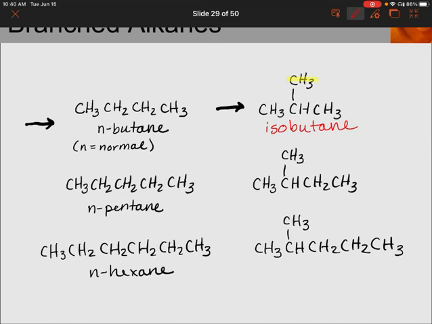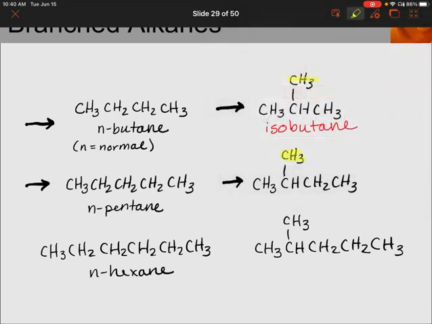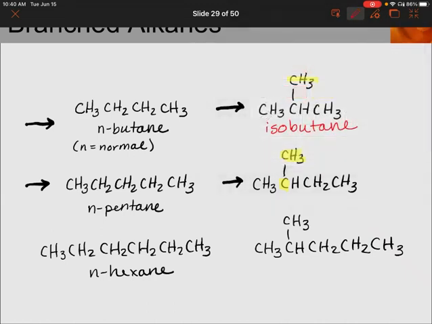Okay, so now let's move down to the next row. We have n-pentane, so there's 5 carbons there. And if we look at the branched version, again, we have a CH3 group, but it's bonded to the second carbon in the chain. So this would be called isopentane.